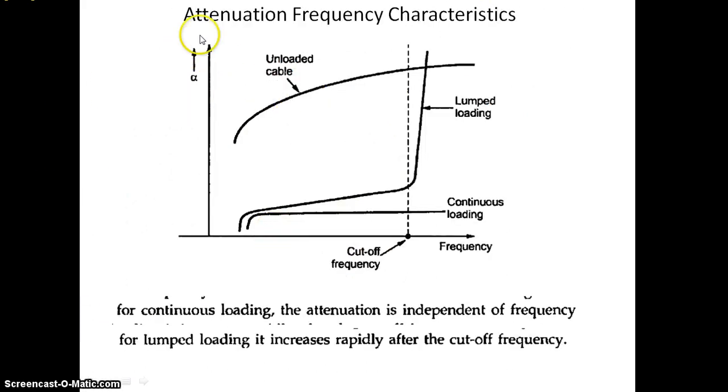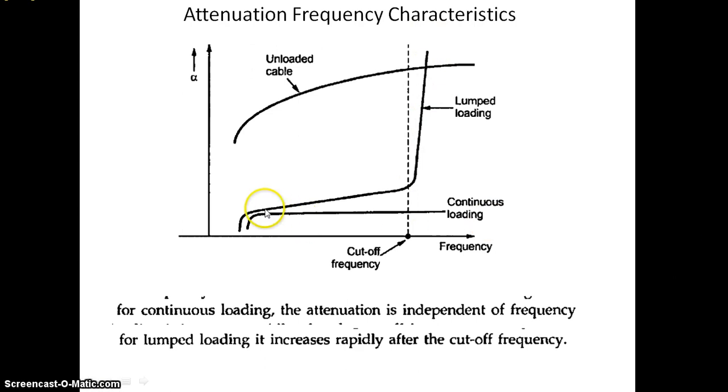This curve shows the attenuation-frequency characteristic, frequency versus attenuation. For unloaded cable, with increase in frequency, the attenuation constant increases very much. Whereas for continuous loading, with increase in frequency, the attenuation is constant, somewhat independent of frequency. For lumped loading, after the cutoff frequency, the attenuation increases rapidly.